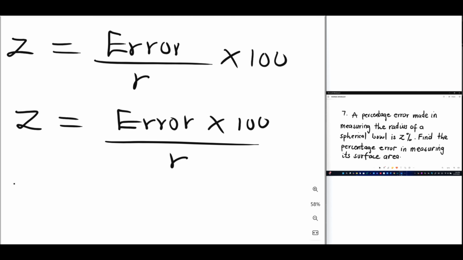R. Now, the error is the same as the change that has occurred in the radius. Okay, so our error here is equal to the small change that has occurred in the radius. Because let us assume that we're supposed to measure the radius of the sphere, and the right radius was supposed to be 5 centimeters.